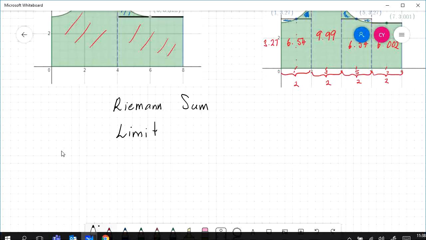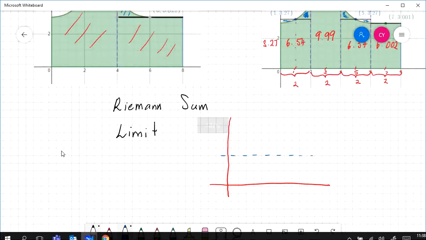So let's have a look at the results we've gotten so far. Let's very roughly draw ourselves a graph here. Now, somewhere or another, there's a real value for the actual area of my shape. So let's call it that. Let's say that was my real value for the area of the shape.